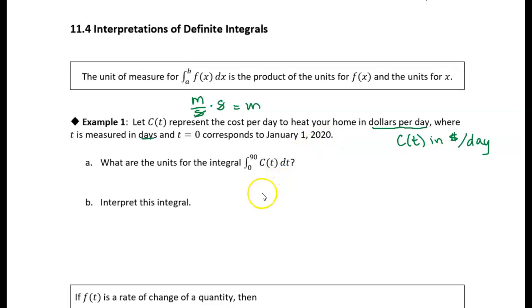So this first question is just asking us, what are the units of the integral of C of t? We're going to integrate C of t over time.